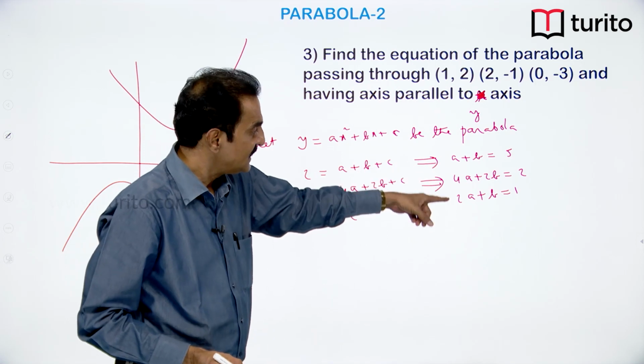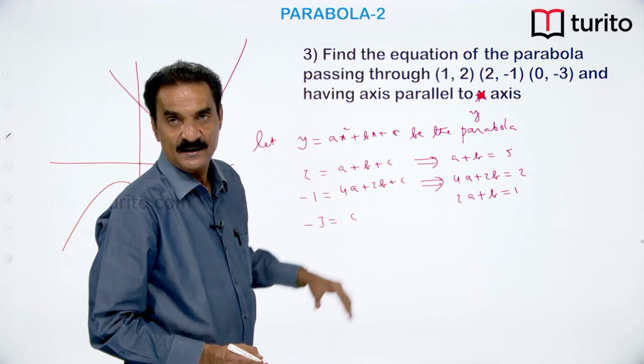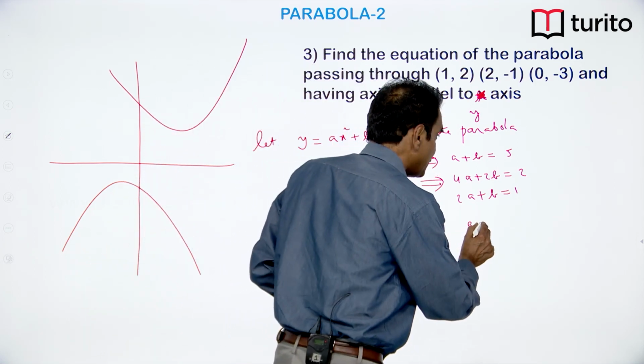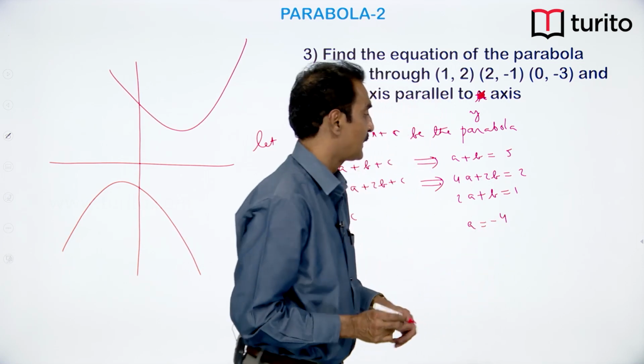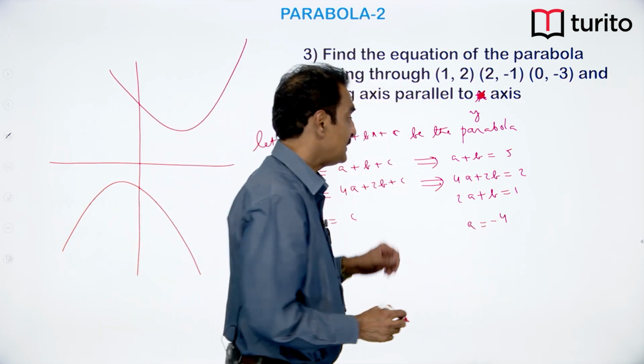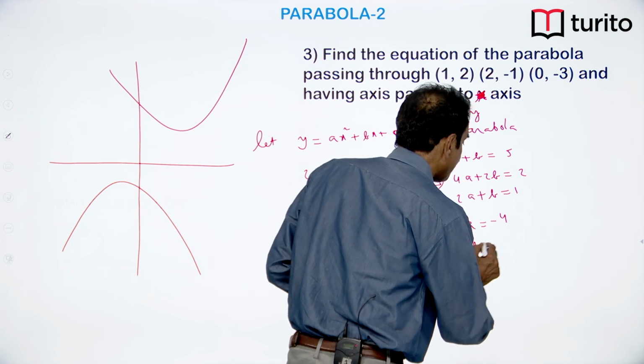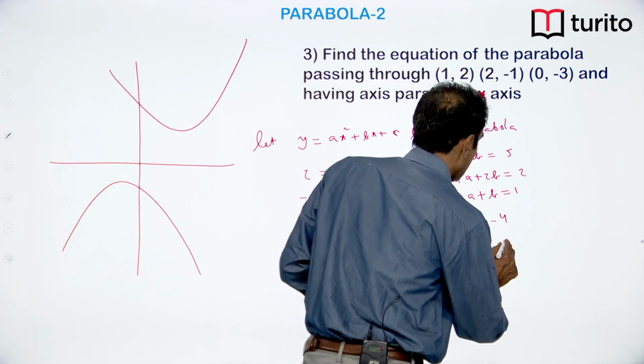Now solving this and this, directly subtracting, we get a is equal to -4, then b is equal to 9.